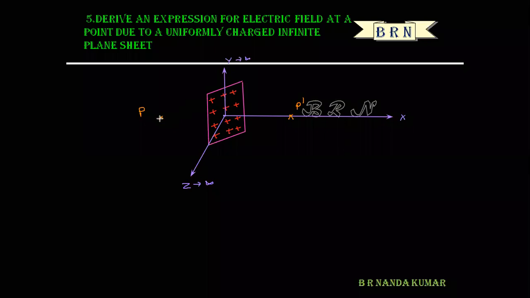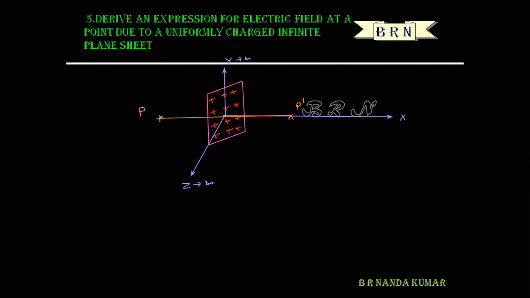Okay, so now we can imagine a Gaussian cylinder taking P and P dash as the axis. So this is the axis of the imaginary Gaussian cylinder.